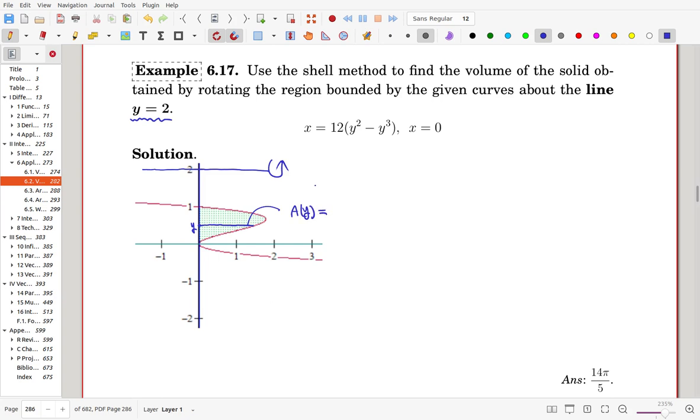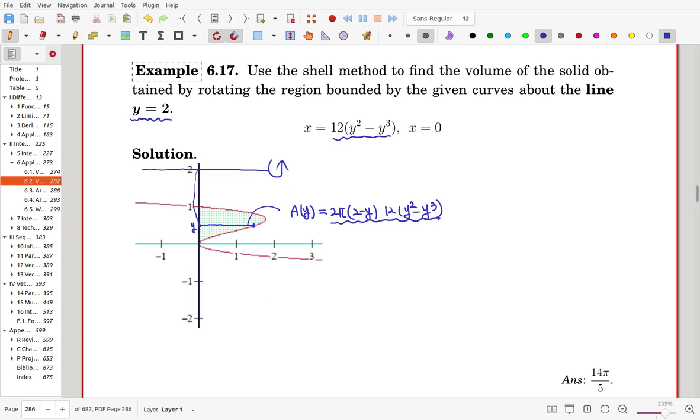That is 2 pi times r. The radius is the distance from 2 to y here, so that's 2 minus y. Then the height is the x value here, which is the same as this one, 1/2 (y squared minus y cubed). So that is the area of the thin shell.